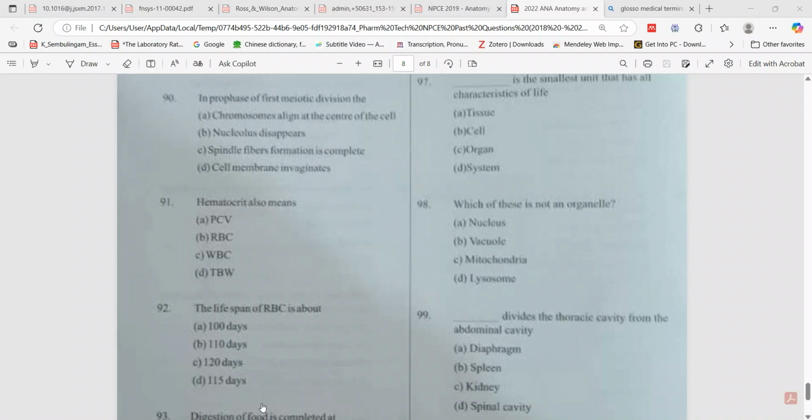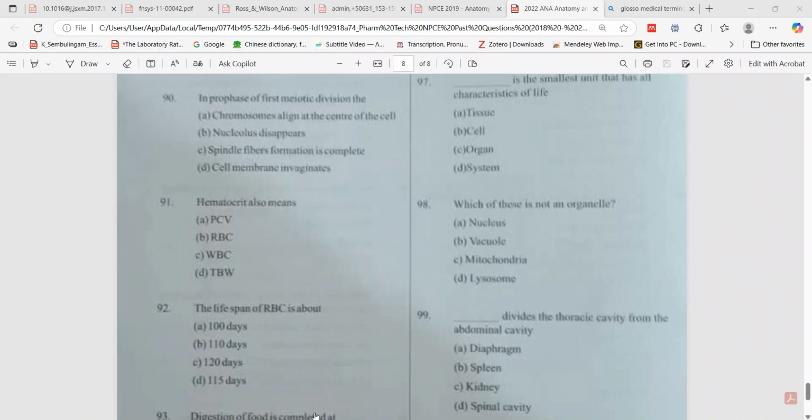After that you have cytokinesis, when the cell membrane invaginates and the mother cell splits into two identical cells in the case of mitosis. But in the case of meiosis, we have four non-identical daughter cells.